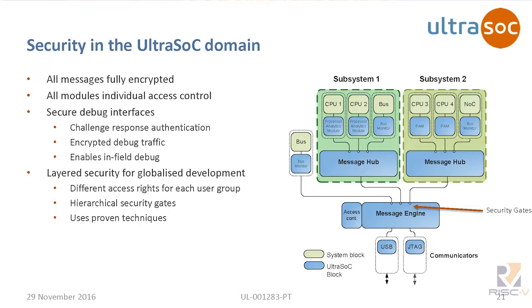That access controller will do mutual authentication and will support encryption and decryption. This way, you can secure data going off chip, decrypt it on chip, and do whatever you need from there. So you can allow access to certain parts of the chip for certain phases of your development and exclude others.